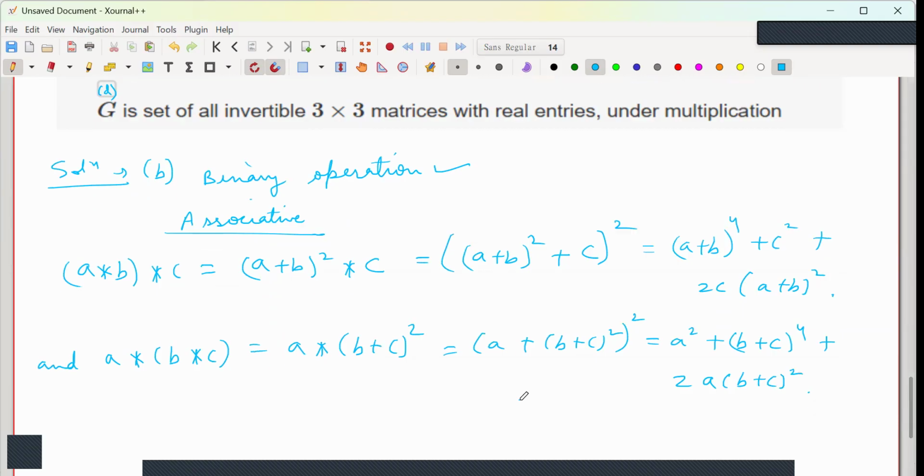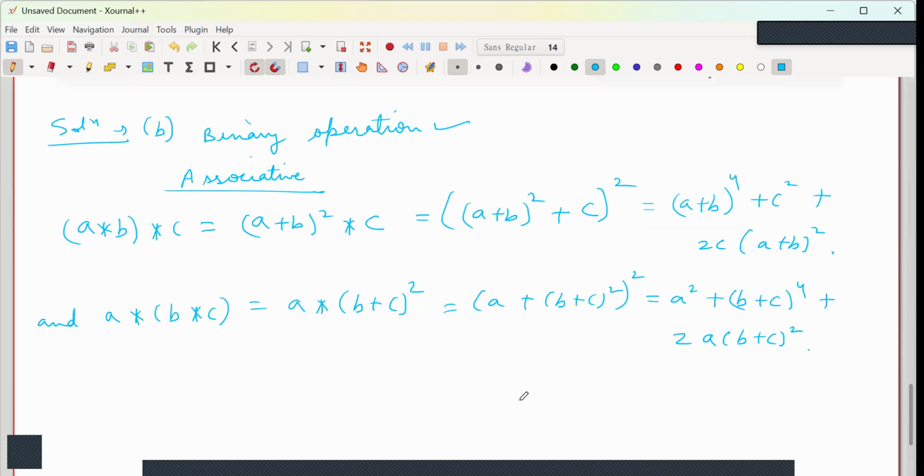So why won't they be equal? Can you just tell me one term which is here but that is not here? A power 4 is there in the first one, but it's not there in the second one. Very good. So this implies (A star B) star C is not equal to A star (B star C) in general.